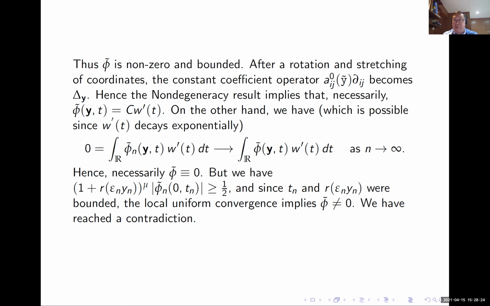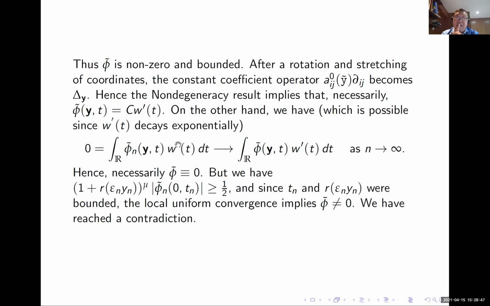Any bounded solution in R3 is automatically C times W prime. But we have this orthogonality condition, which we can take a limit, and the reason that we can take a limit is because W prime decays exponentially.